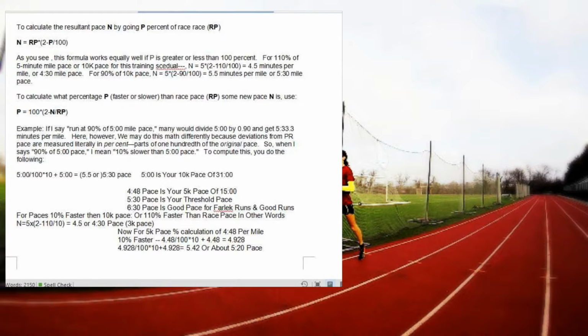For 90% of 10k pace, so that's 10% slower than 10k pace, you'll put n equals 5 times (2 minus 90 divided by 100). You get 5.5 minutes per mile, or 5:30 mile pace, which is your threshold pace. So now we've just made what you could run for a half marathon.